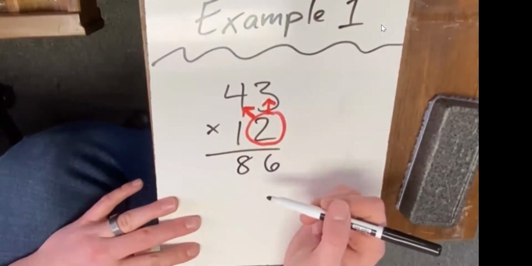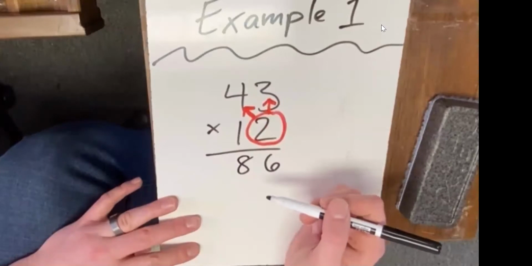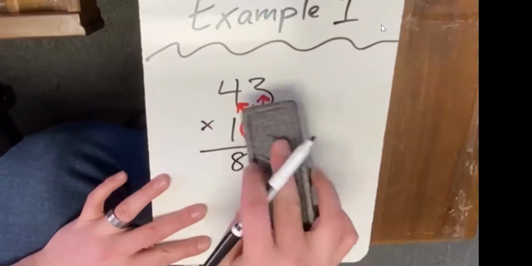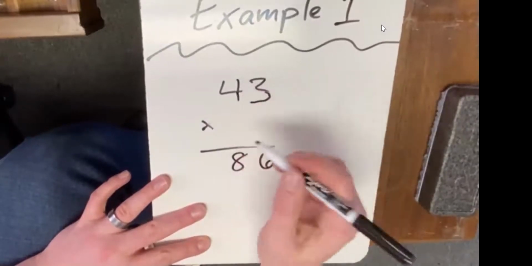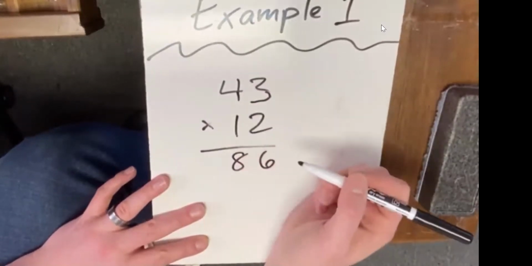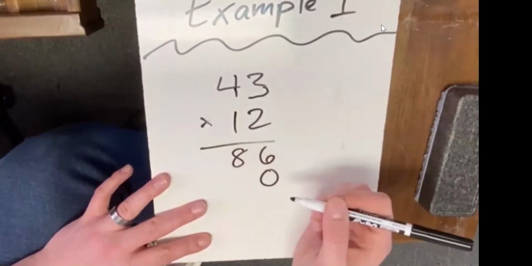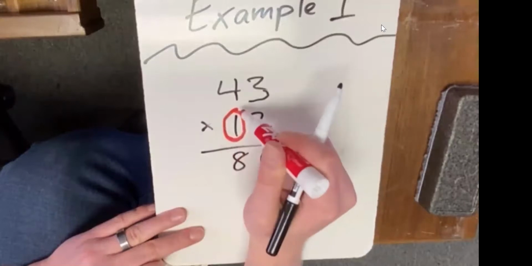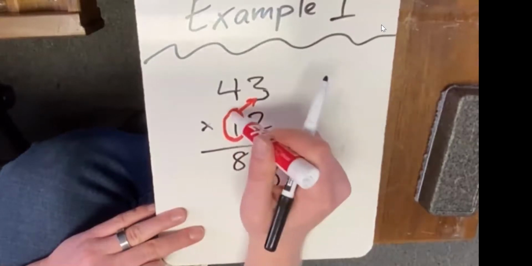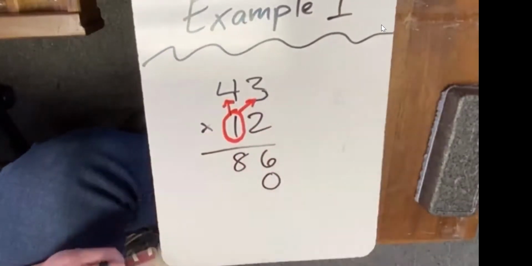86. Now I need to do a different step. So I'm going to erase my red that I have right there. Now I need to add a 0 because I'm now going to multiply the 1 times 3 and then 1 times 4.